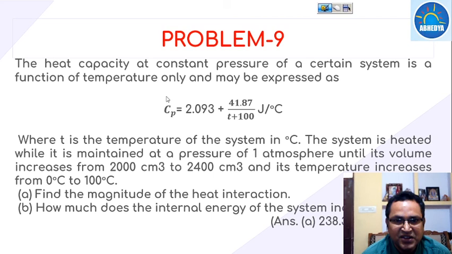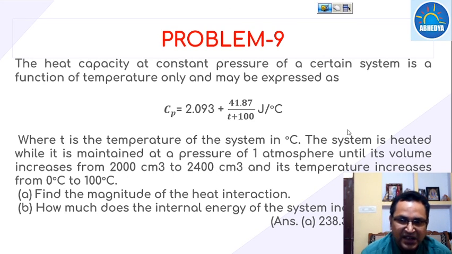This is the variation of Cp with respect to temperature, where T is the temperature of the system in degree centigrade. The system is heated while it is maintained at a pressure of 1 atmosphere, so the pressure remains constant until its volume increases from 2000 centimeter cube to 2400 centimeter cube.